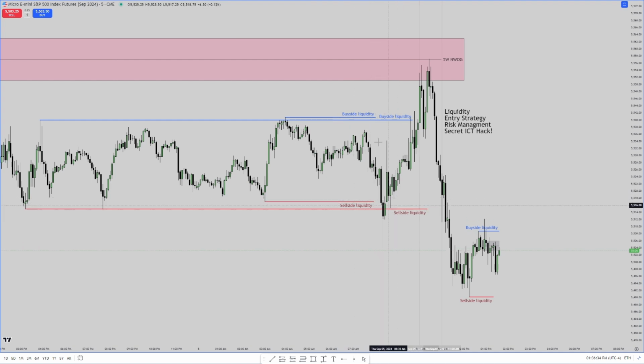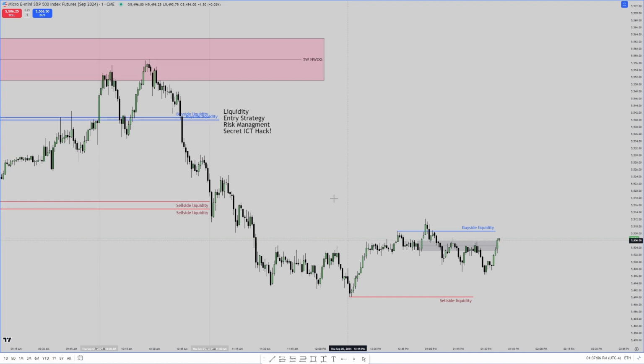Whereas up here, it didn't really take both of them, yet it created that buy-side liquidity during London. We're going to extend these through 11 o'clock. That way we can see where liquidity is resting in the marketplace.